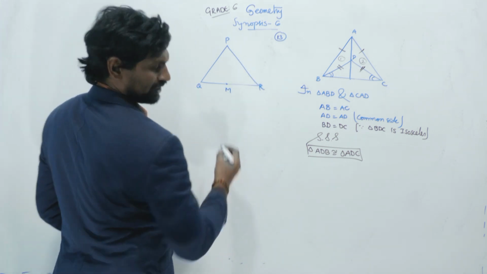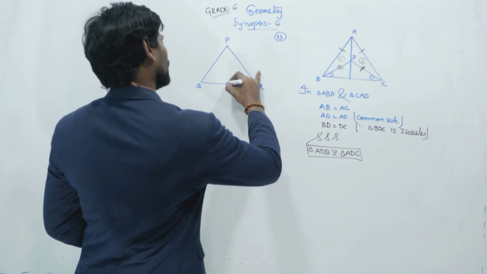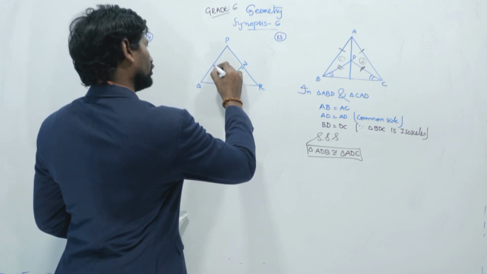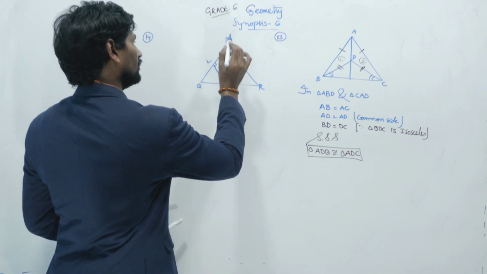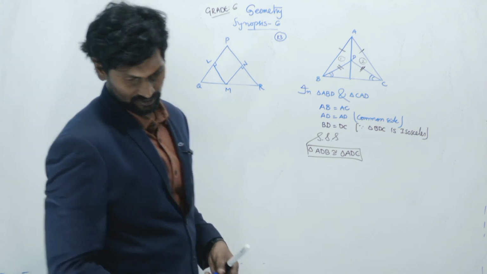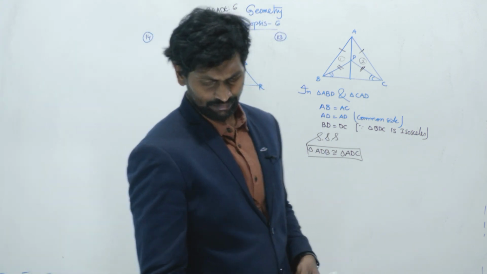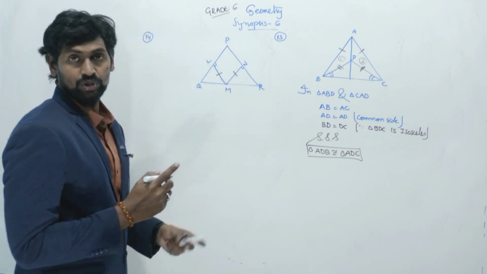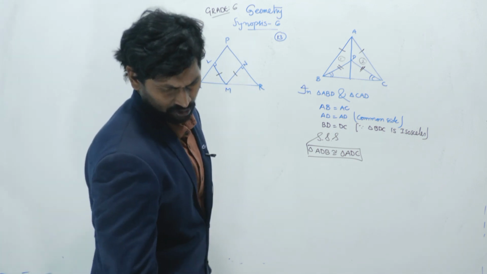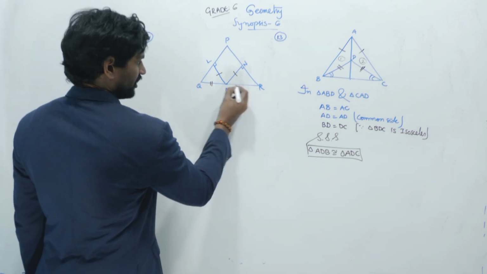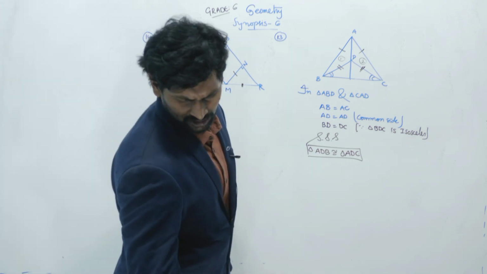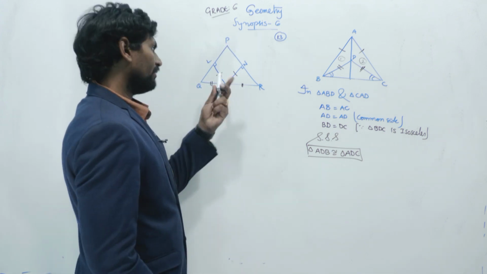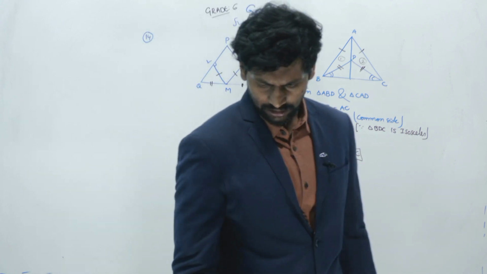From M, perpendiculars are drawn to PQ and PR, named L and N. From the given figure, LM equals MN, both are equal, and QM equals MR. Also ML is perpendicular to PQ and MN is perpendicular to PR.